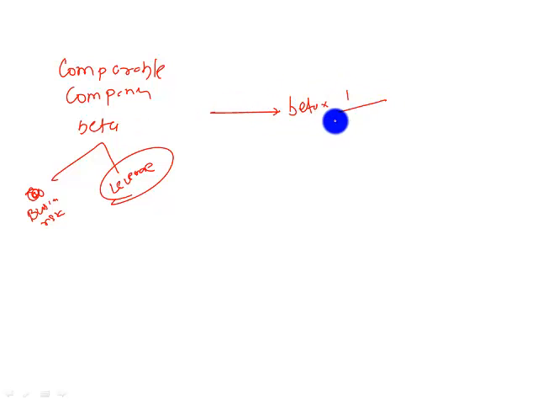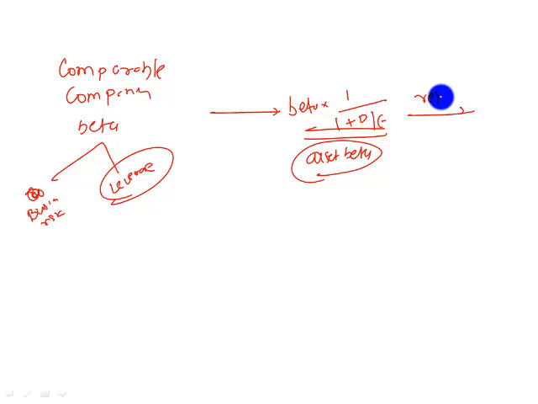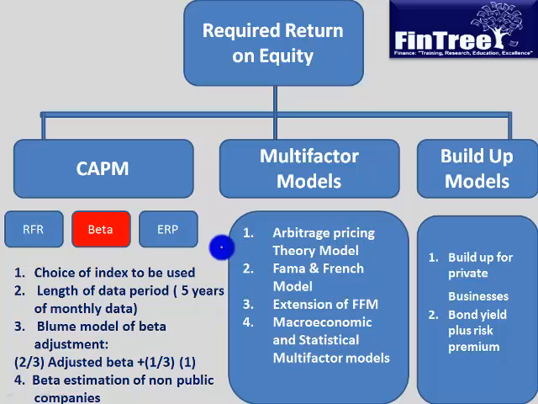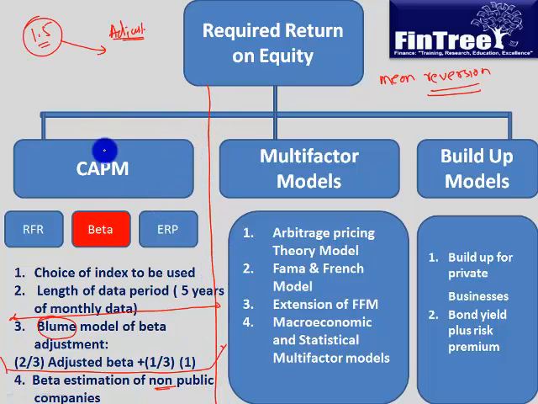Beta into 1 divided by 1 plus DE. Then this is where you've got asset beta, the beta purely that reflects that risk. What you need to do here is relever that by taking this beta and multiplying with 1 plus debt equity ratio of your company. Are we clear with this? Okay. So if you're okay with this, your beta part is done.